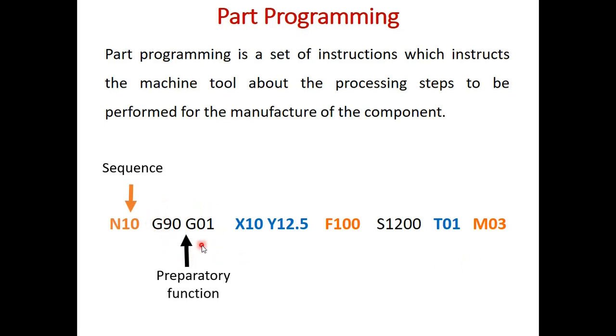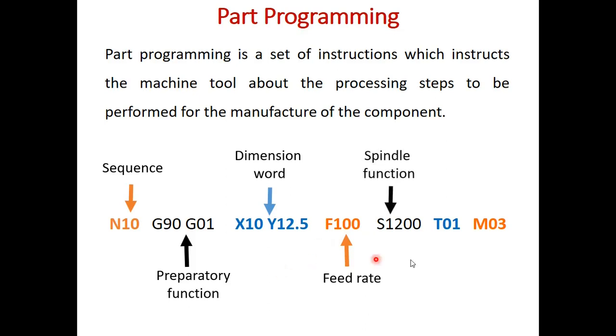Then the next one, what you see here, X10 and Y12.5, are the dimensions. In this case I can say these are the coordinates given. F is nothing but the feed rate. S is nothing but the spindle speed, 1200, that is 1200 rpm is the spindle speed. Next, T01 is the tool function, nothing but the tool number 01 I have to take from the machine.